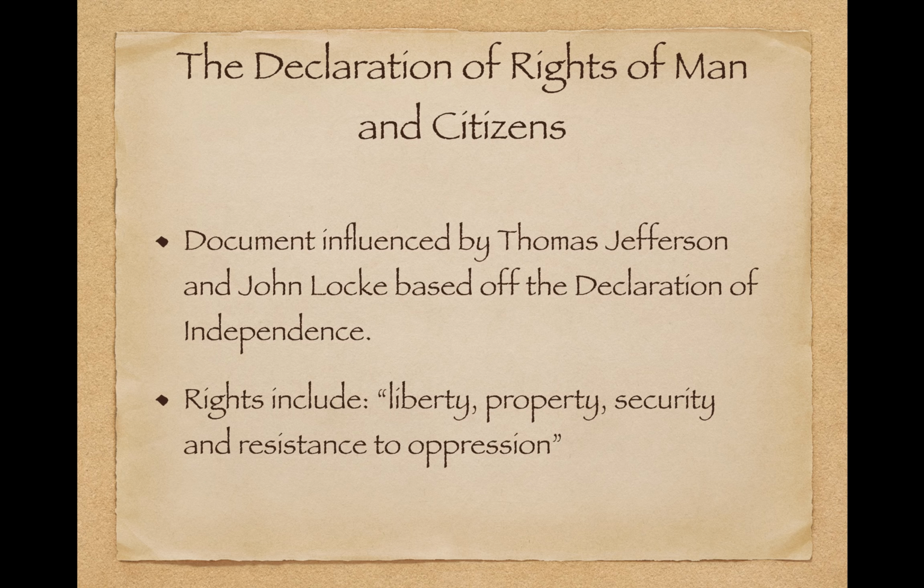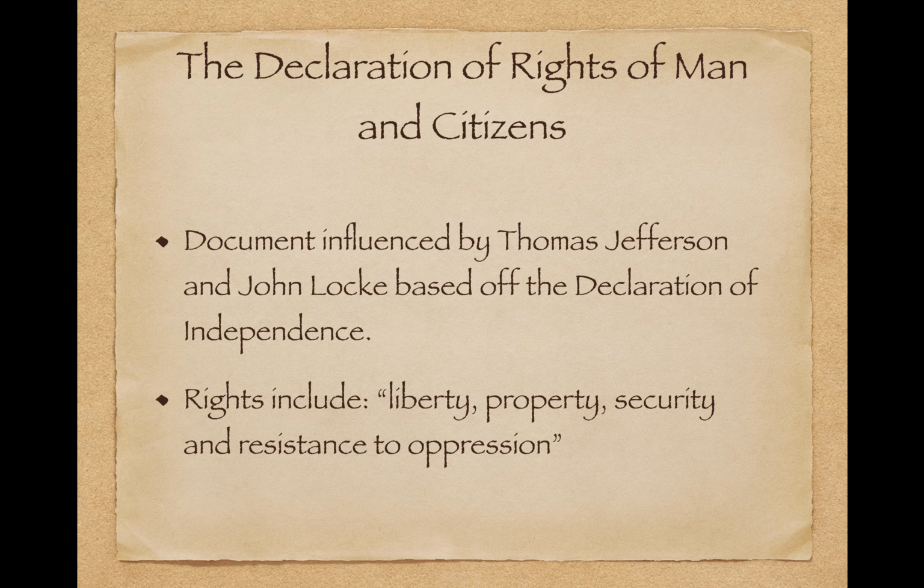Now, what they do is they create a very, very important document that was known as the Declaration of the Rights of Man and Citizens. And that sounds very, very similar to the Declaration of Independence that we have here in the United States, which of course was written by Thomas Jefferson, who of course borrowed ideas from the great Enlightenment philosopher John Locke. So the French are actually looking at what happened here in the Americas.